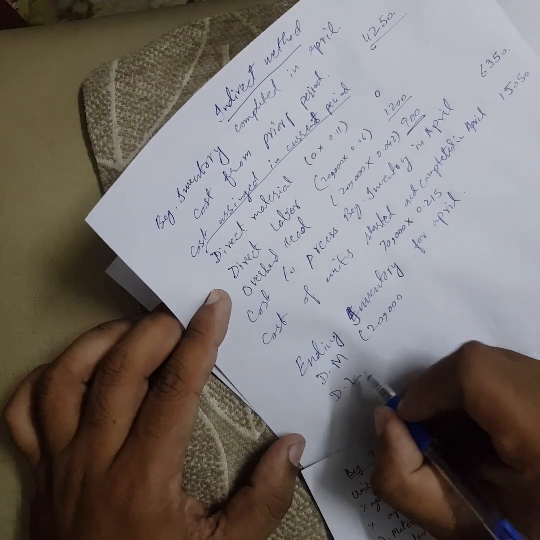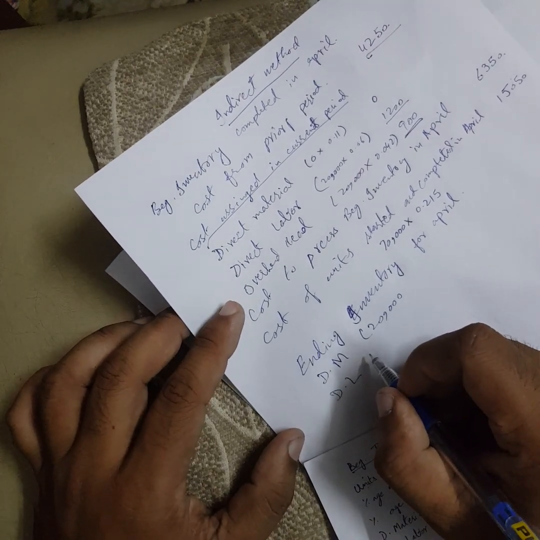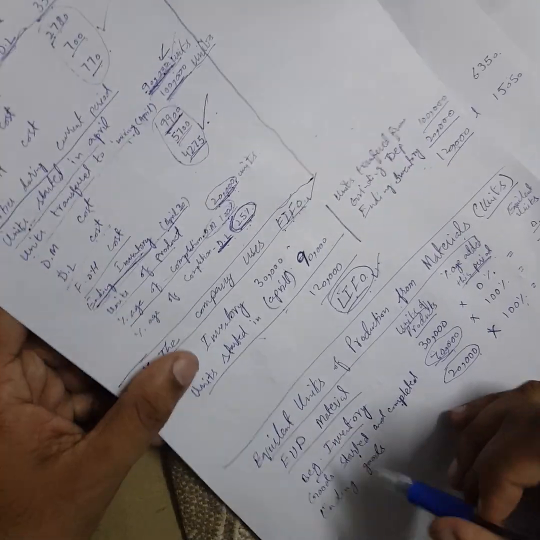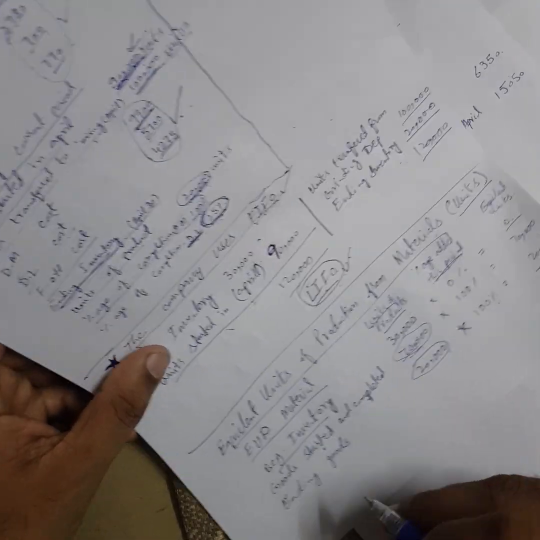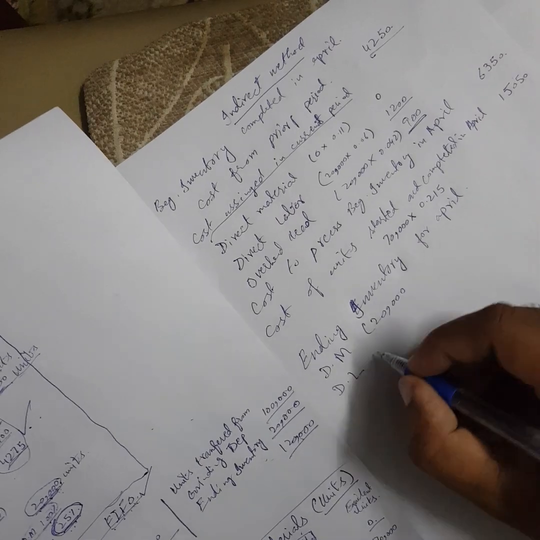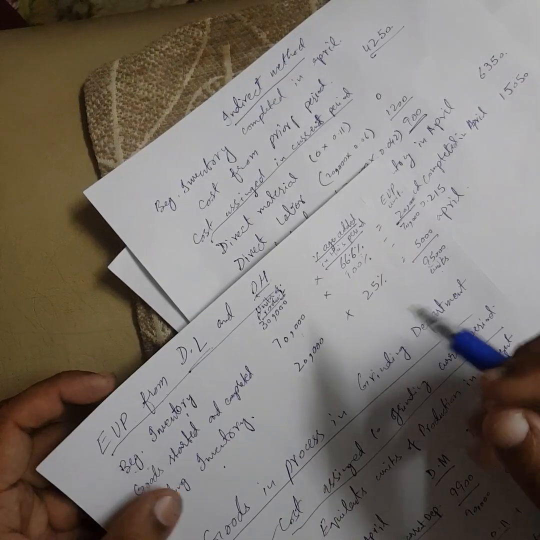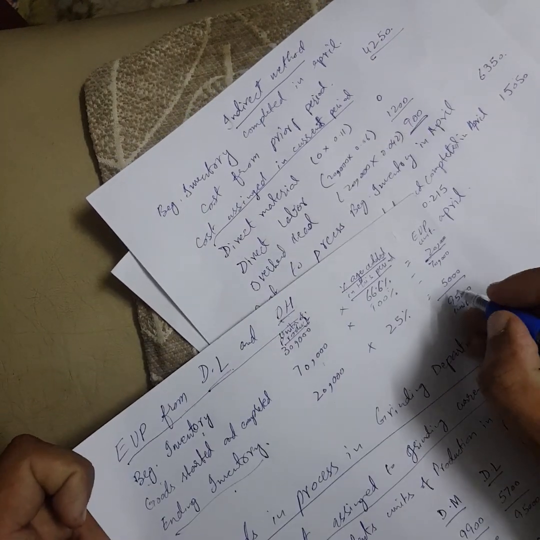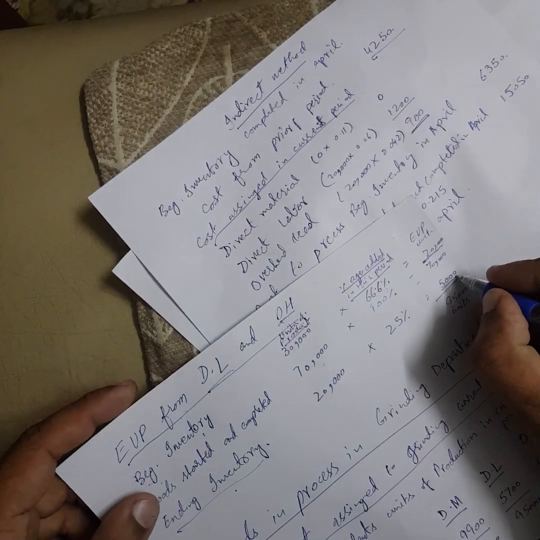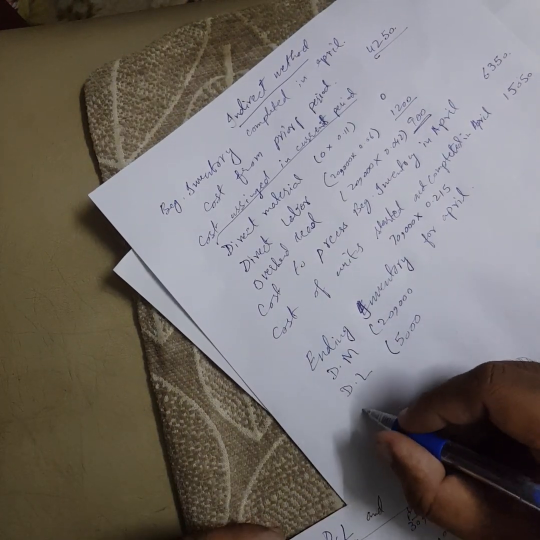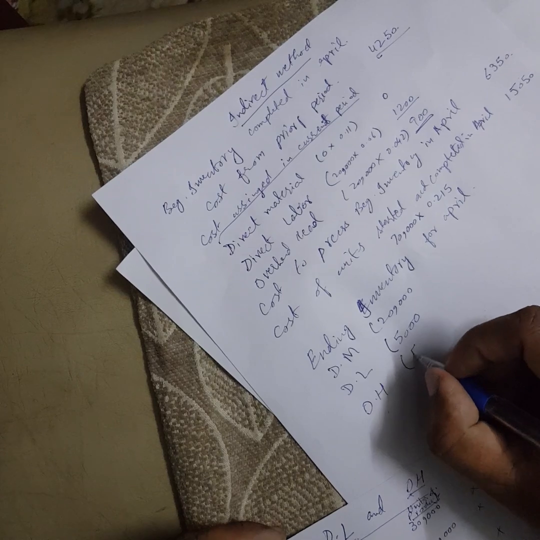For direct labor, if we see the ending inventory for direct material, it was ending goods 20,000 units. So I took direct material 20,000 units. As compared to it, for direct labor, the ending inventory on which the units were completed, that were 5,000. So we will take 5,000 here. Same for overhead, that was 5,000.